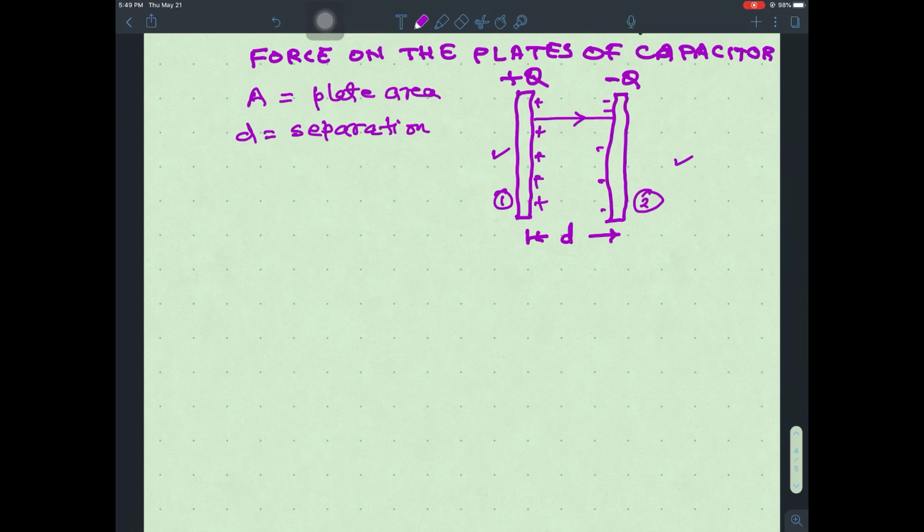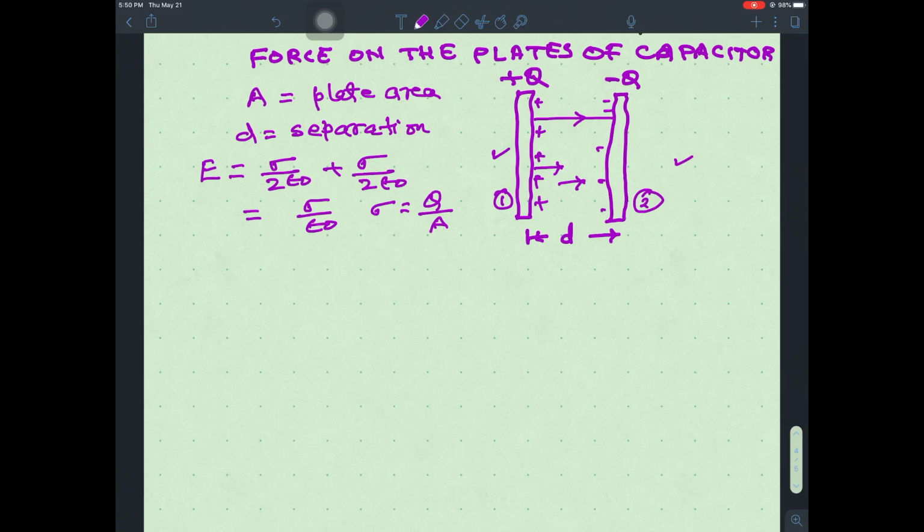Now the electric field developed between the plates, from our prior knowledge of Gauss law, we know that E is basically, due to the positive plate the electric field will have this direction, due to the negative plate the electric field has this direction. So it is sigma by 2 epsilon naught plus sigma by 2 epsilon naught, which equals sigma by epsilon naught. What is sigma?